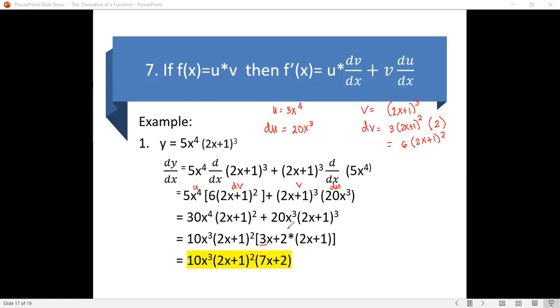So if this is simplified, it's going to be 3x plus 4x plus 2. And of course, we can combine 3x and 4x to become 7x. So the final answer for our y prime is 10x cubed times the quantity 2x plus 1 squared times 7x plus 2. Okay, question guys? Okay, so we're done with rule 8.